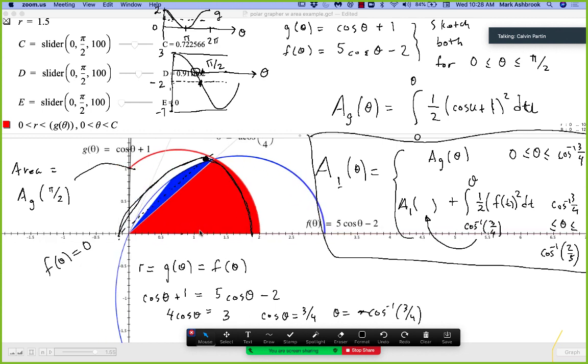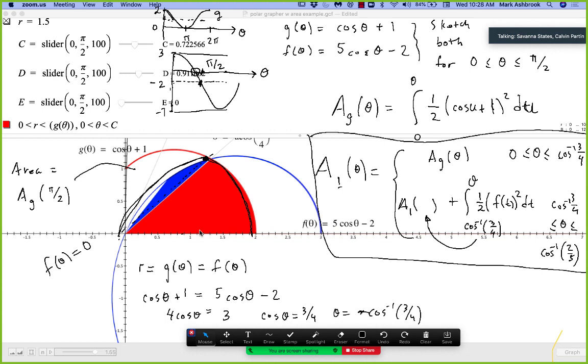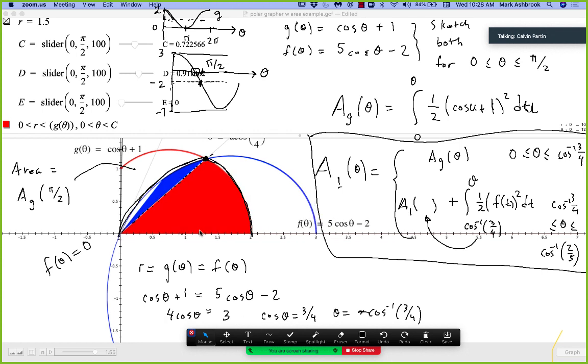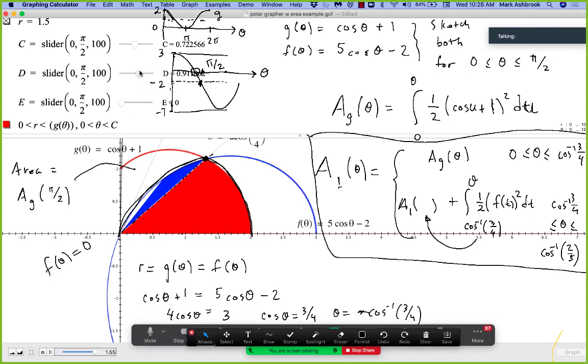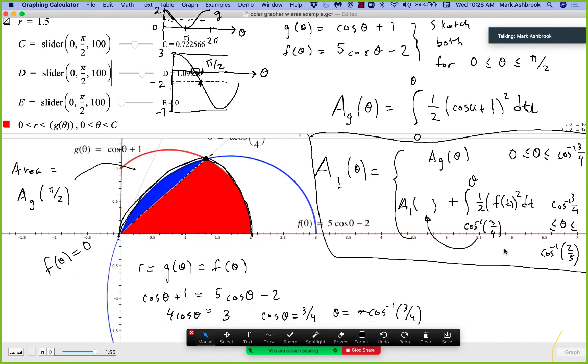Is it just arc cosine of 2/5? Yeah, right, because at 2/5 is when that f function gets to the pole. So it's a little bit before pi over 2. Right there. So that whole area would be a sub 1 of arc cosine of 2/5. That will give us that whole area.